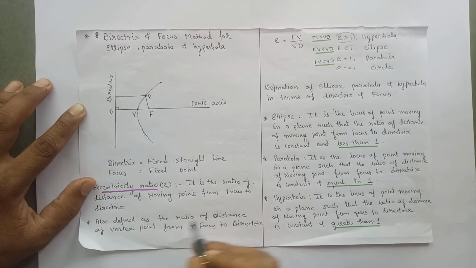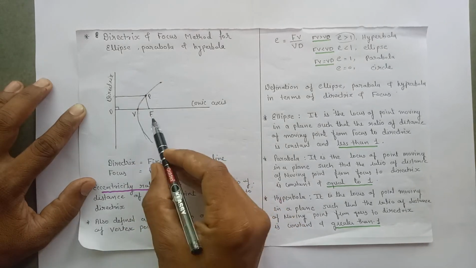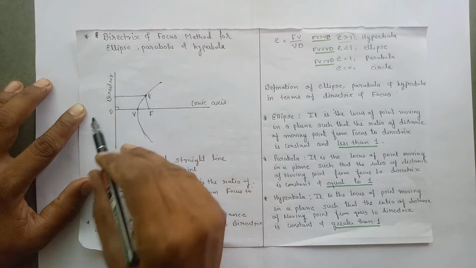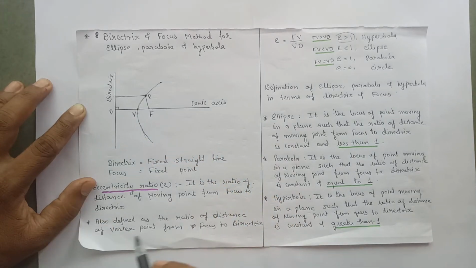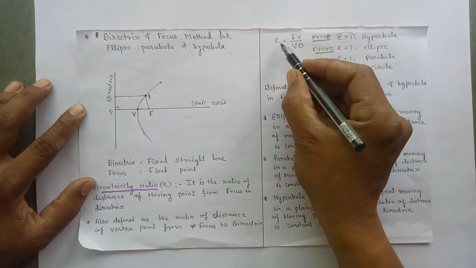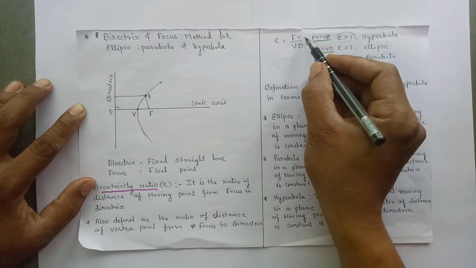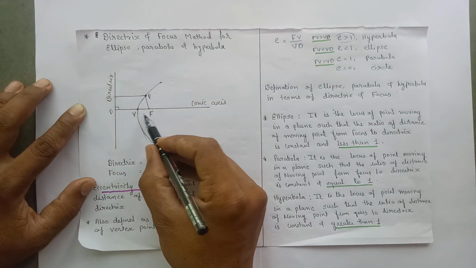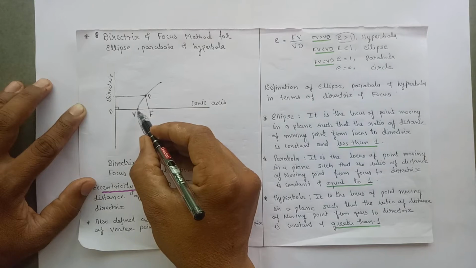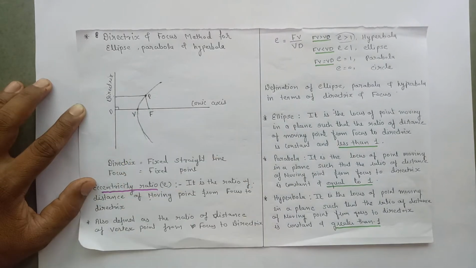It is the ratio of distance of vertex point from focus to directrix. So eccentricity ratio is equal to FV upon VD. FV is the distance of vertex from focus, VD is the distance of vertex from directrix.